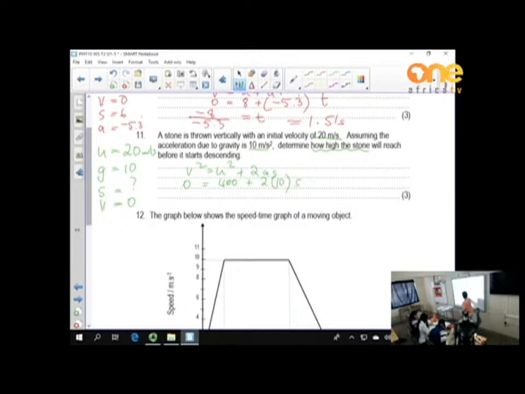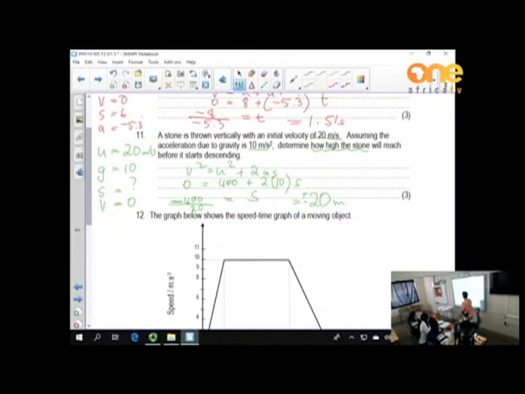So we end up with minus 400 divided by 20 is equal to S. So the answer is 20. Yeah, S is equal to 20 meters. What does it mean if it's plus or minus? It's just going to indicate direction. In this case, my answer is negative. So negative is upwards. You follow?